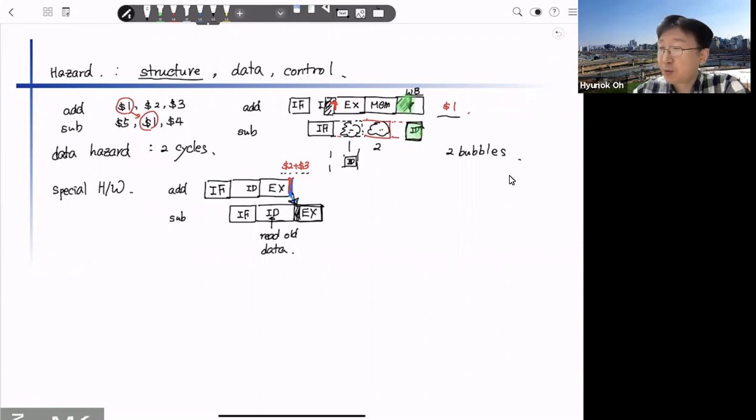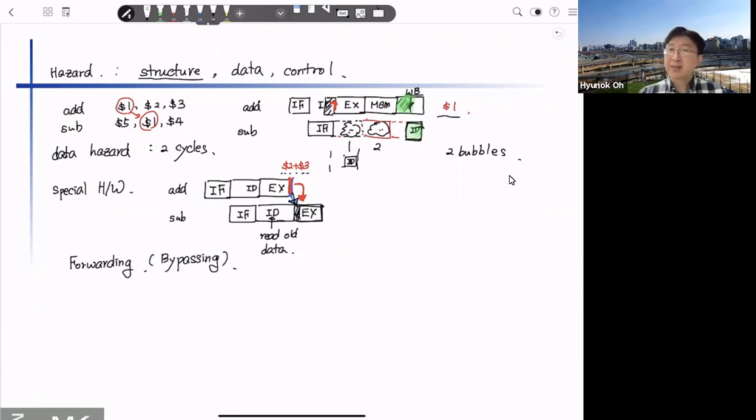So what hardware do we need? We need hardware that provides the execution result directly to the input of the execution stage in the next instruction. This mechanism is called forwarding, or bypassing.